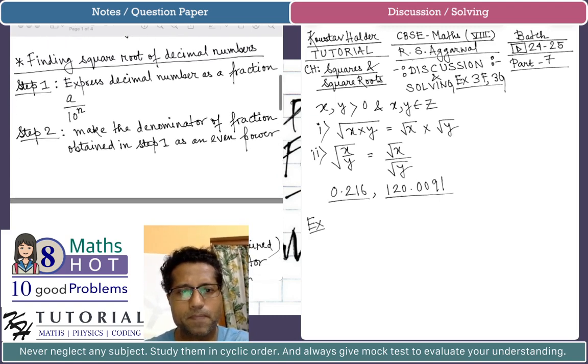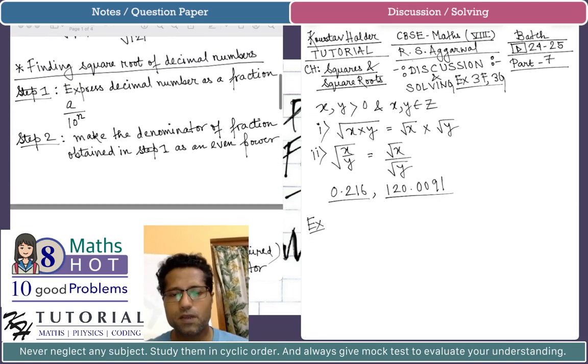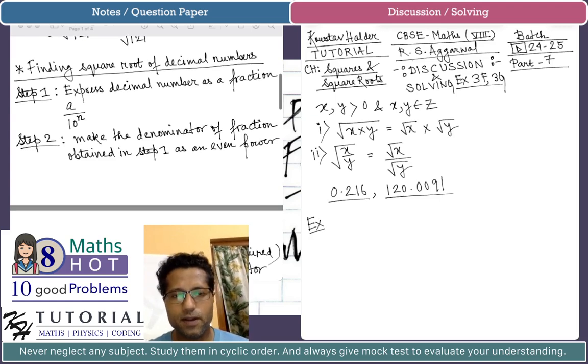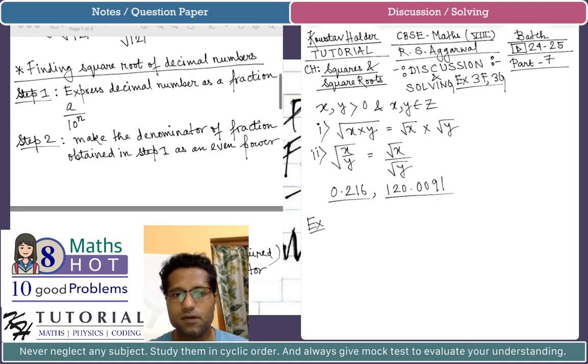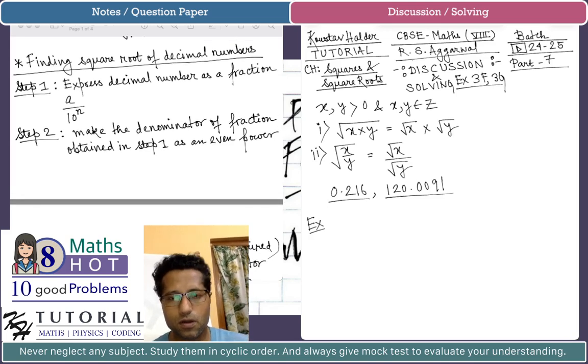Now, the book directly uses the long division method to find the square root of decimal numbers, that is, numbers having a decimal point. If you understand that, that is fine. My method is for when you are not comfortable finding the square root of a number which has a decimal point.